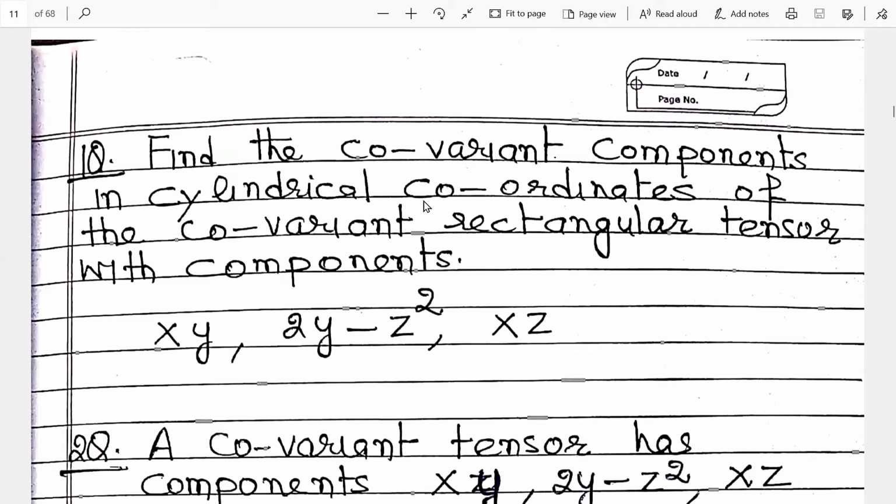So in the previous lecture, we found the covariant components in cylindrical as well as in spherical coordinates. On a similar line of action, our next question is: find the covariant components in cylindrical coordinates of the covariant tensor with components xy, 2y minus z square, and xz.